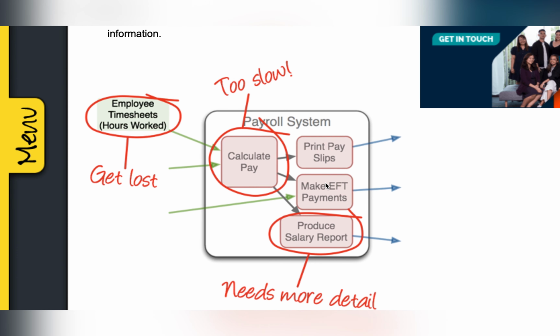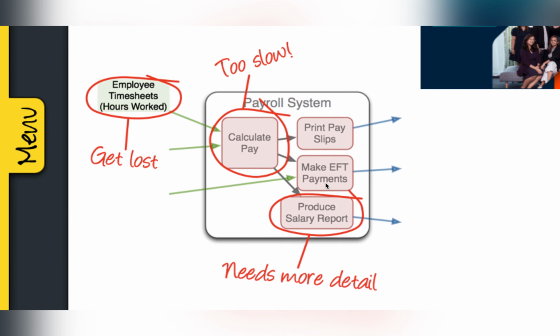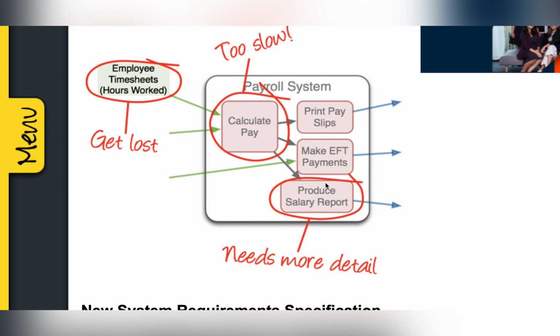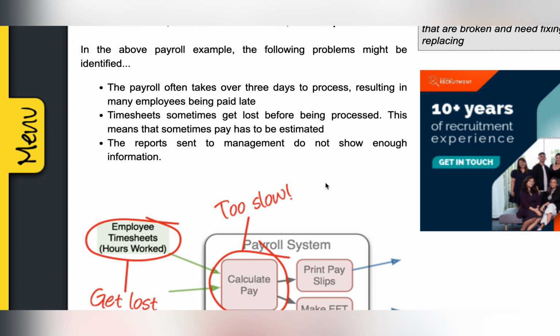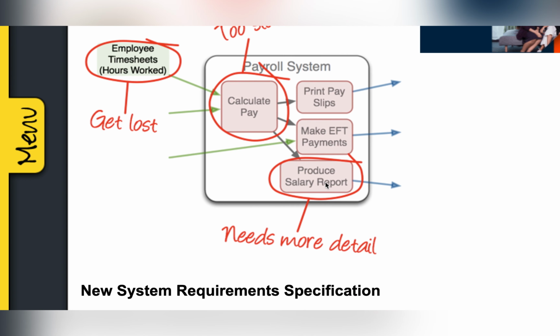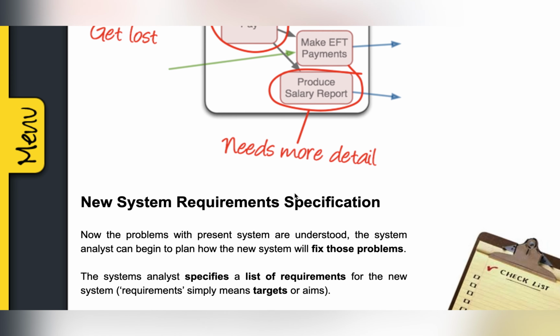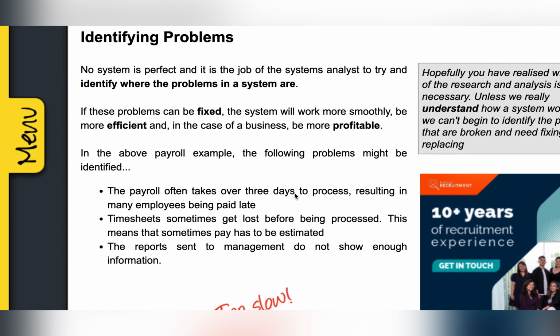You have to estimate the pay because the timesheet is lost, you don't have it. So, meaning the new system we are coming up with, we must find a solution on how to automate the timestamp in the machine, right? So that we don't have to bother whether the timesheet is lost or not lost.